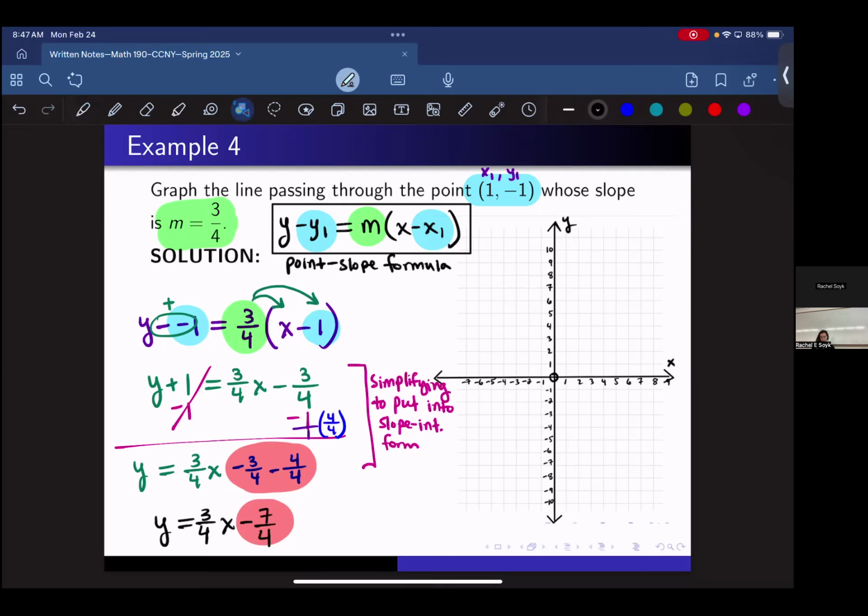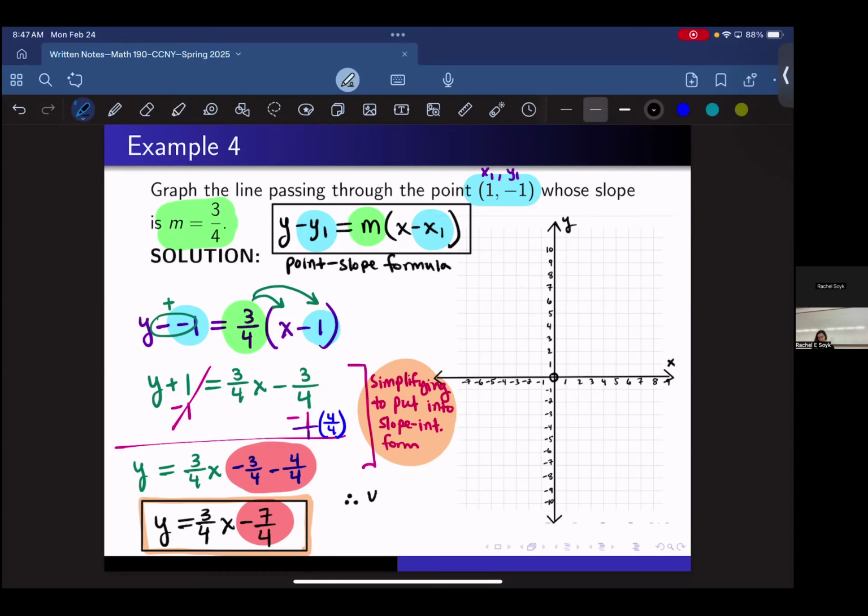So we've officially converted this into our slope-intercept form, which means now we can easily identify what our y-intercept is. We already knew our slope was 3/4 from the problem, but more specifically, what's our y-intercept?